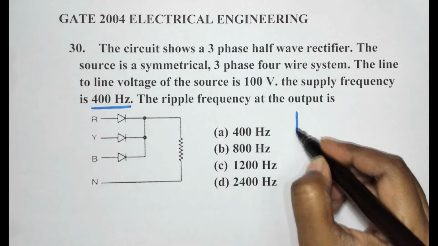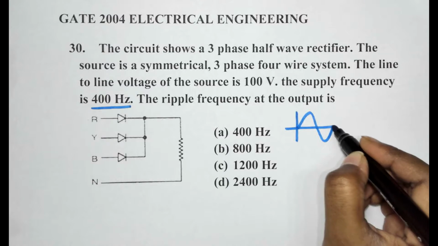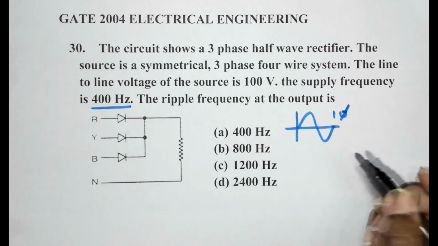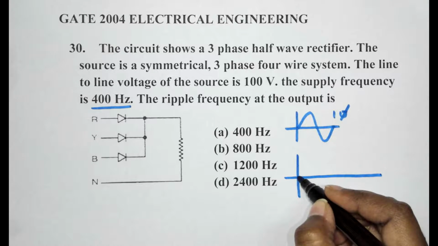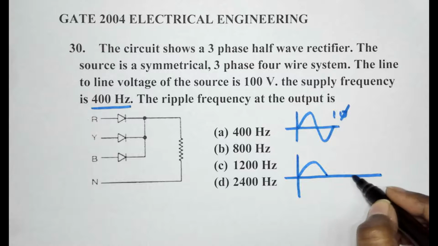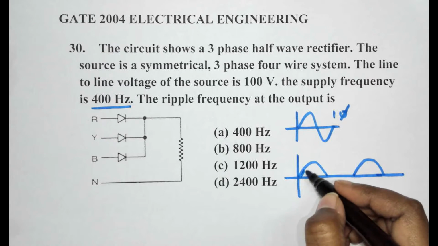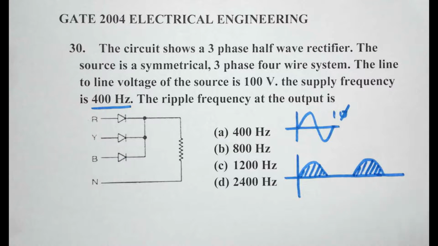So if we have our input here, let's consider one cycle of the input. This is a single phase, okay? So what happens at the output? At the output of the half-wave rectifier, for every cycle we will receive only half of the input. Based on the arrangement of the circuit, it can be either the top half or the bottom half.